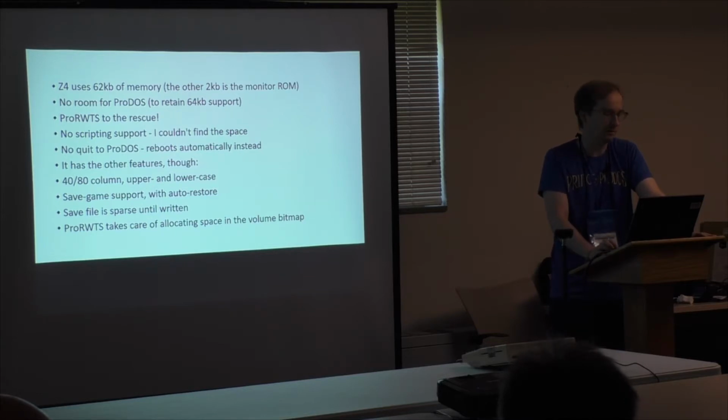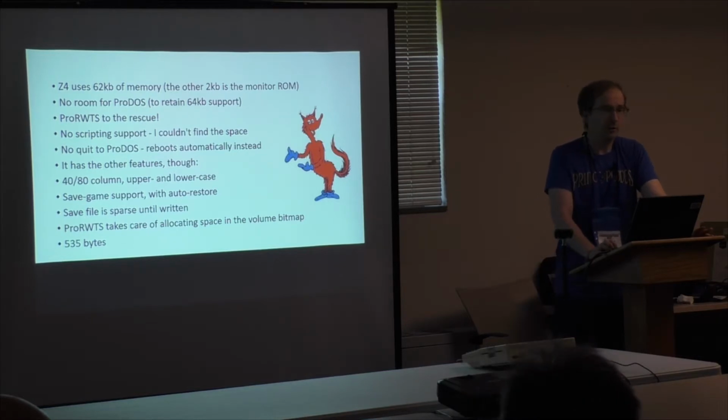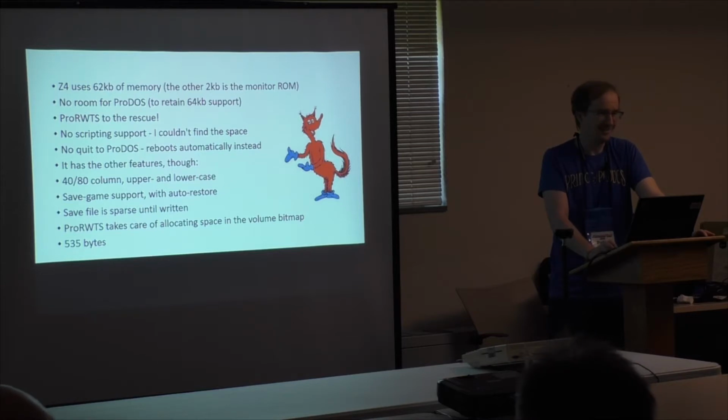You can still copy it away. And the whole thing's only 535 bytes. That space is just simply replacing the RWTS of the original Z4 interpreter. And we came in under the original size, but only just.